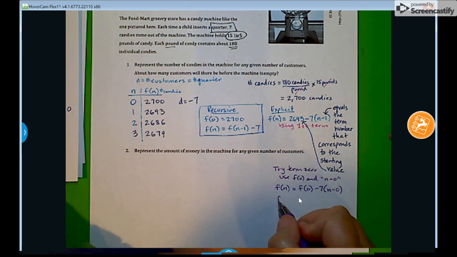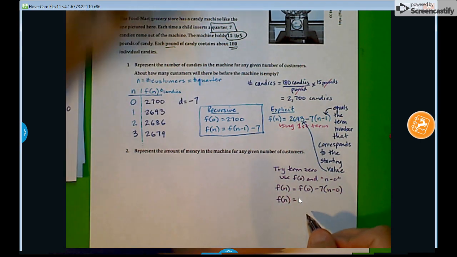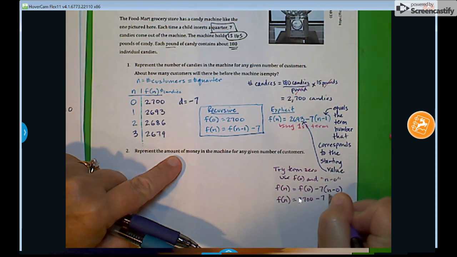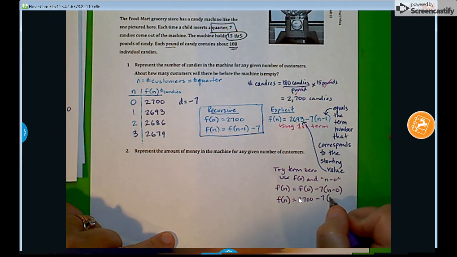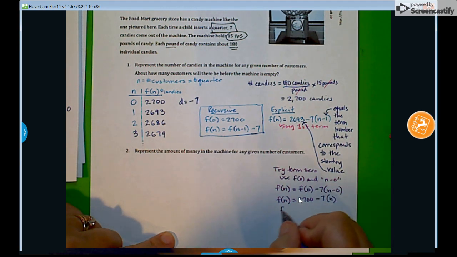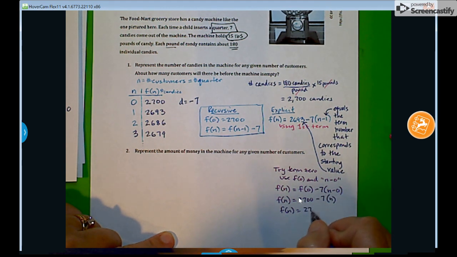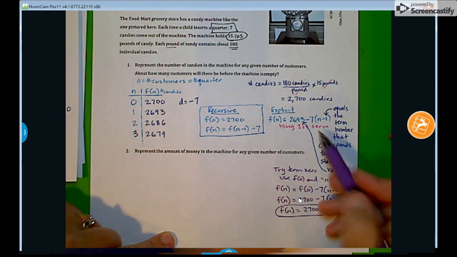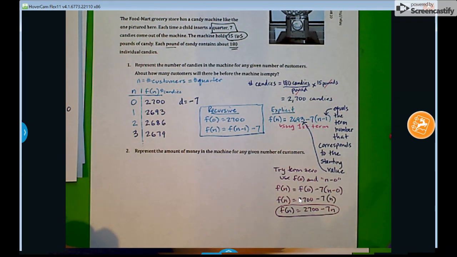Now I'll fill in the actual values. F of n equals f of 0, which is 2700, minus 7 times n minus 0, which is just n. Sometimes we'll write that as just f of n is 2700 minus 7n. Much nicer looking than that. Either of them is correct though.